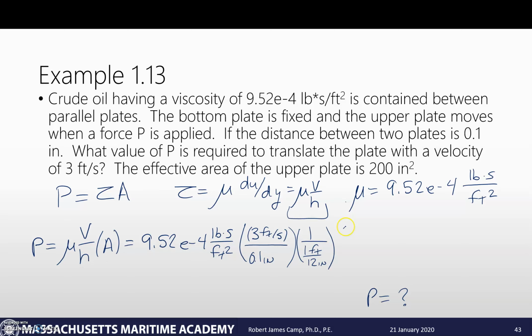Now we're going to multiply that by our 200 square inches. And then we also have to convert that over, so we've got 1 foot divided by 12 inches, and then we have to square that to make sure that we convert inches squared to feet squared.